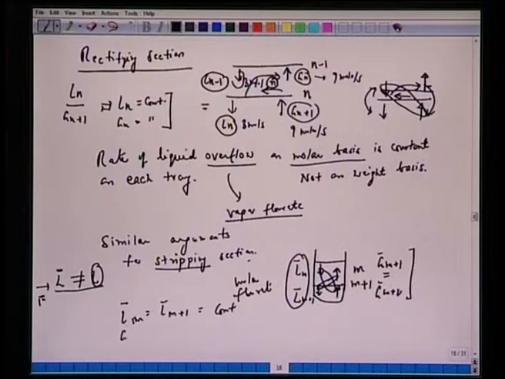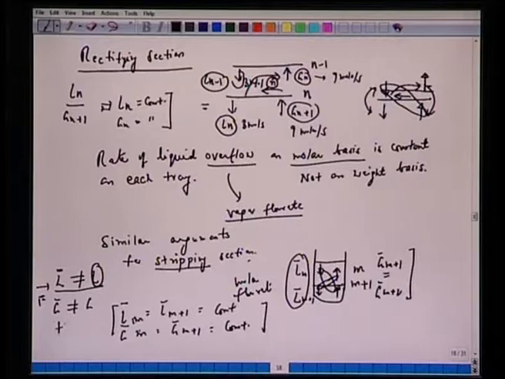Similarly, G bar M is the same as G bar M plus 1, equal to constant. Of course, L bar won't be the same as L, and G bar will not be the same as G, due to the feed entry. And from first principles, one can say that L bar M over G bar M plus 1 will also be constant.